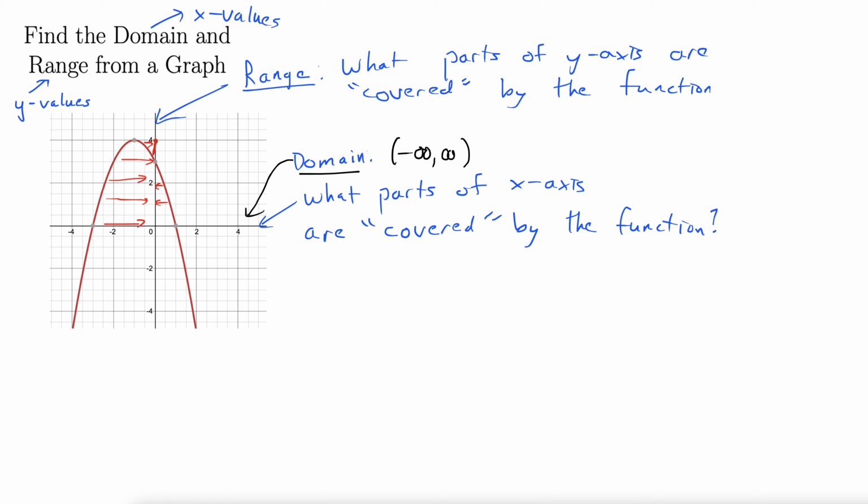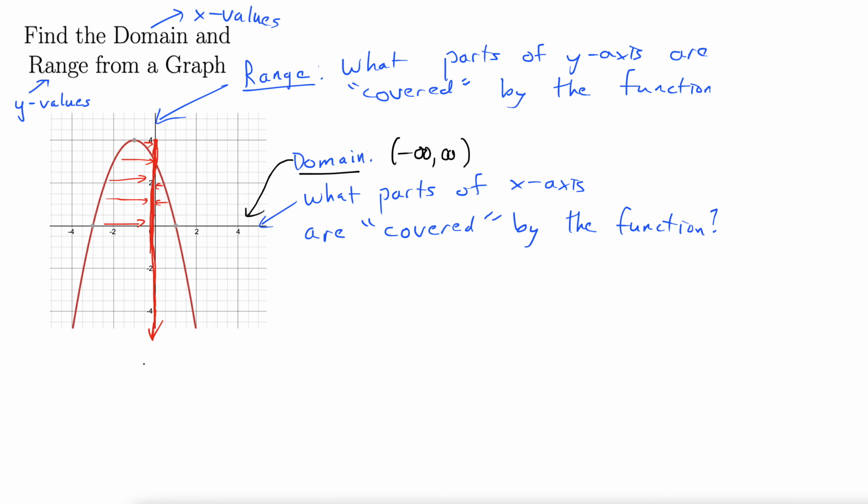Well, this would be covered up until 4. This is 4 here. I don't know if you can see that number. This is 4 up here, and it would be going down, down, down, like this. And since this function keeps going down infinitely, this y-axis would get covered down, down, down, infinitely by this function. Okay, so the range then, how do we represent this?